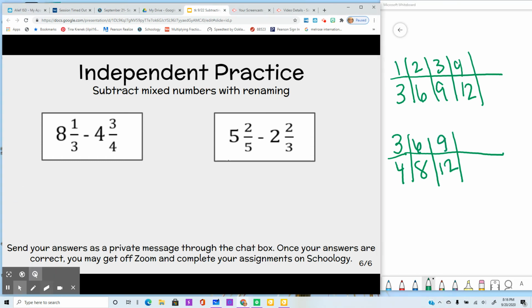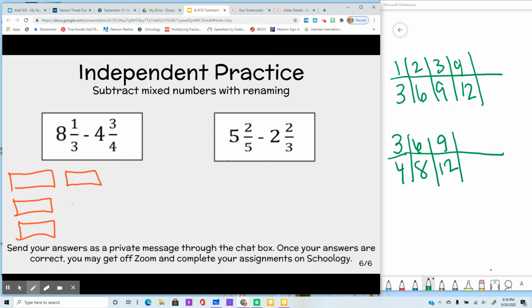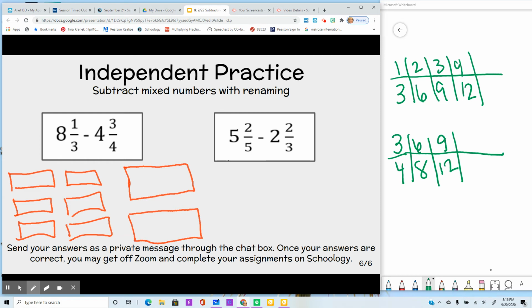So 8, 1, 2, 3, 4, 5, 6. I'm going to draw this one a little bigger because I know I'm going to have to make some 12ths out of it. All right, so 1/3 is now 4/12 and 3/4 is 9/12.